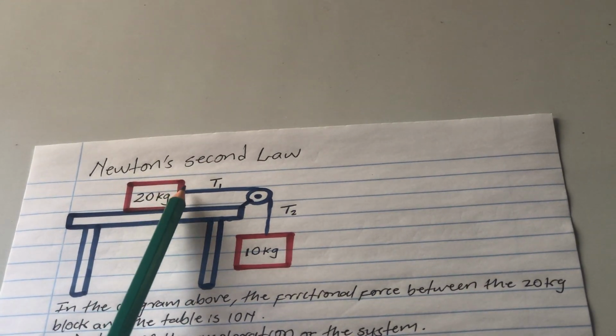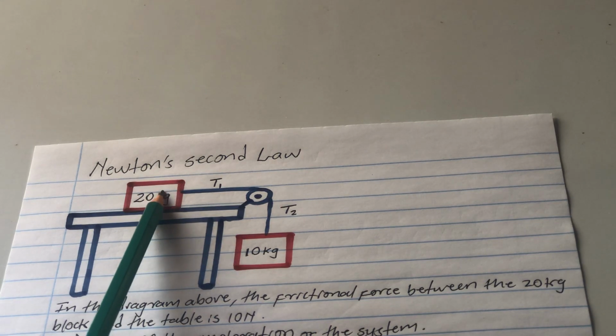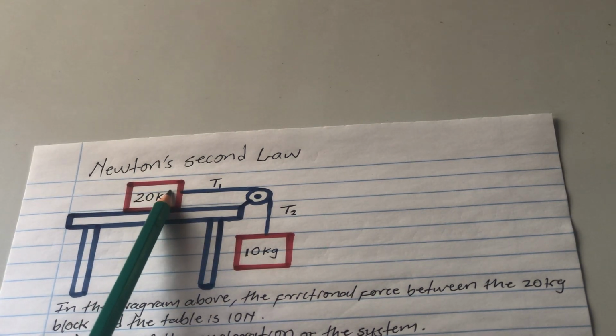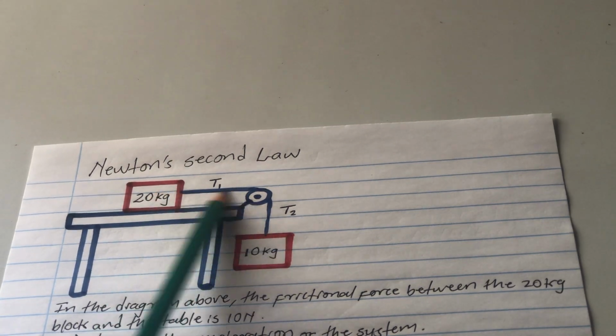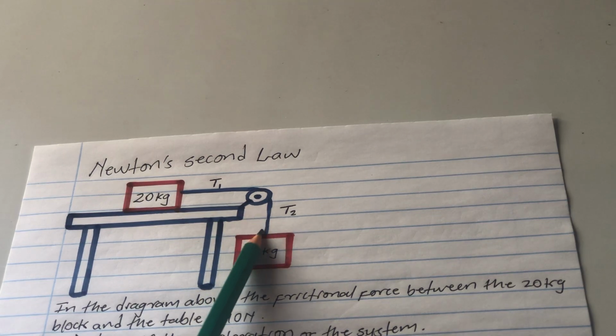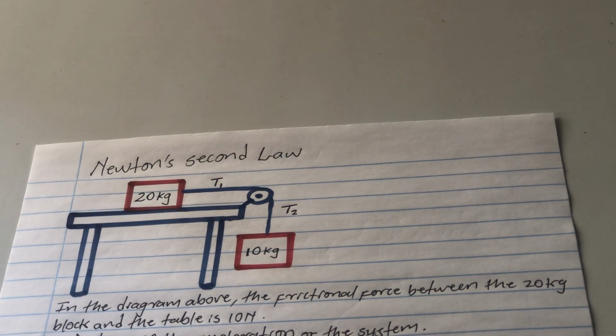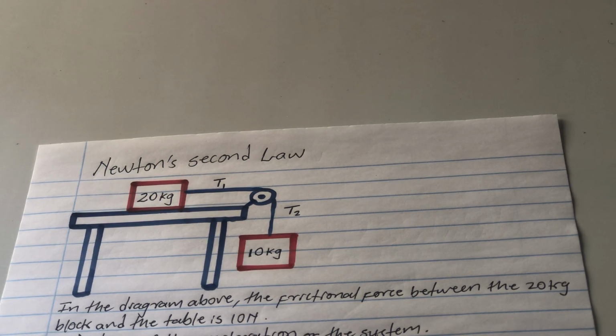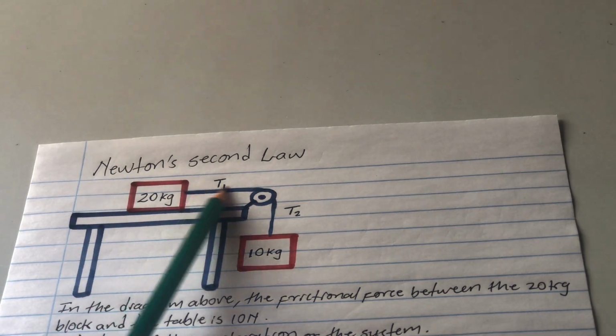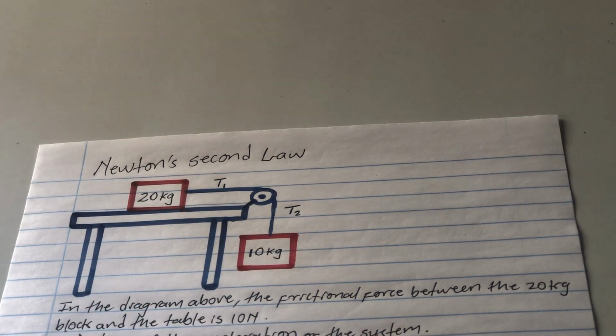Let's see the movement of this object. How is it moving? You can see that we have the horizontal motion and the vertical motion.